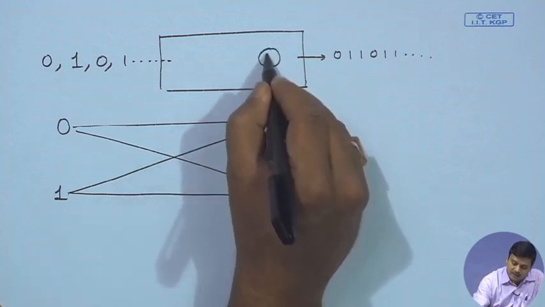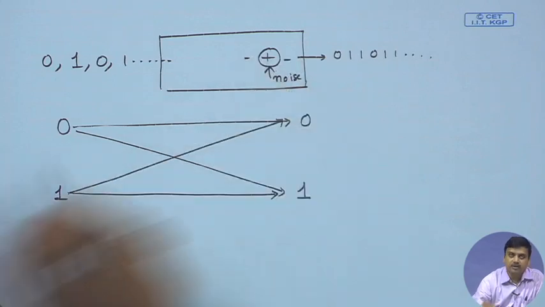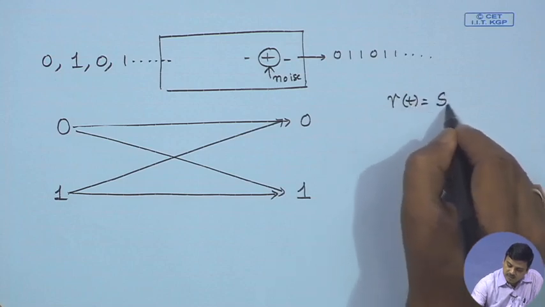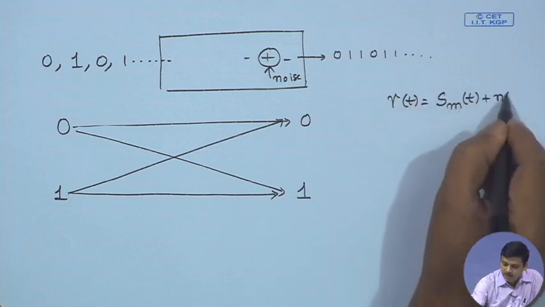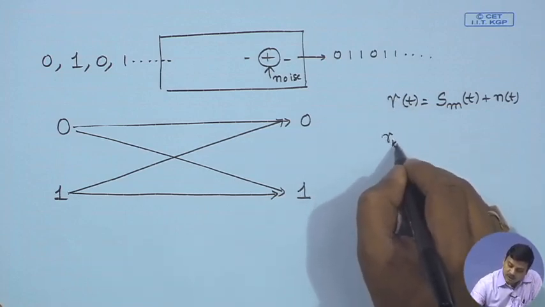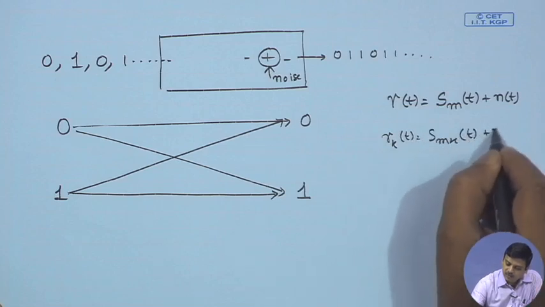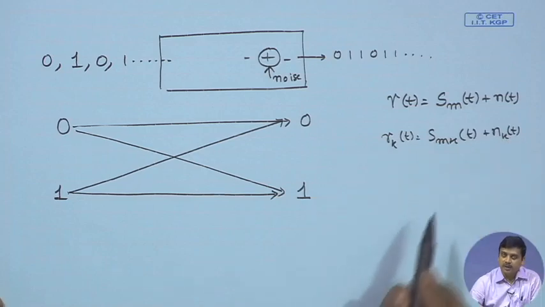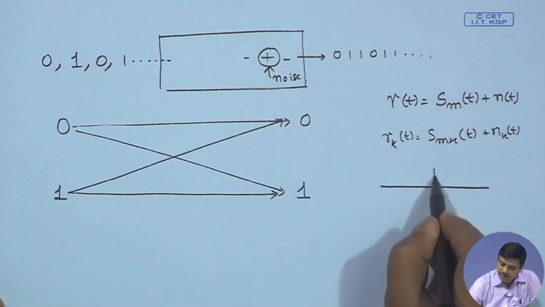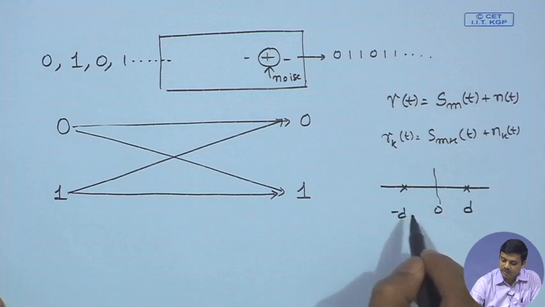So, at some point you may remember there is noise which is getting added to the signal. So, the received signal r(t) is made up of s_m(t) plus noise. If we think of components, then r_k(t) is equal to s_mk(t) plus n_k, right. So, there is a signal component, there is a noise component. Let us consider the BPSK model where we have d and minus d.